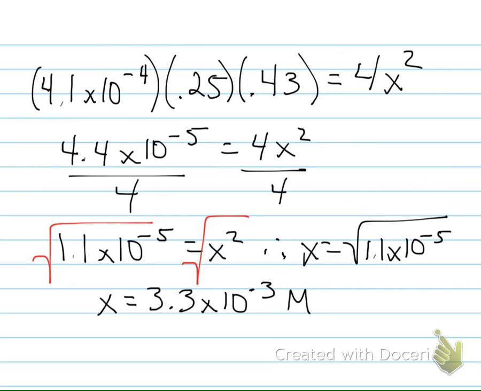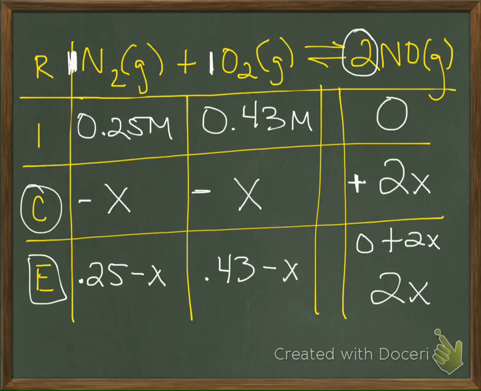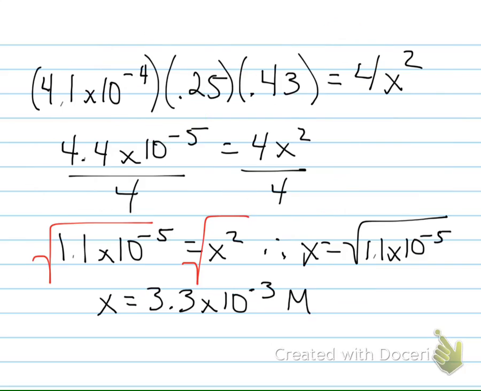But again, we need to plug this x value back in to our RICE table, because this is not any certain value. Notice here again that this is my x, x, and x. So I need to plug that x back in.